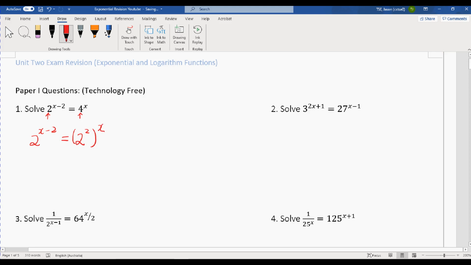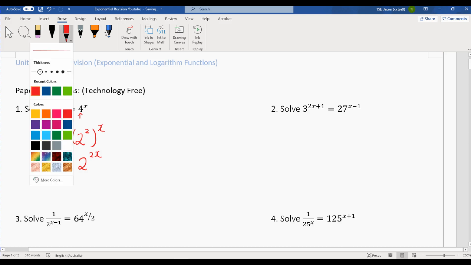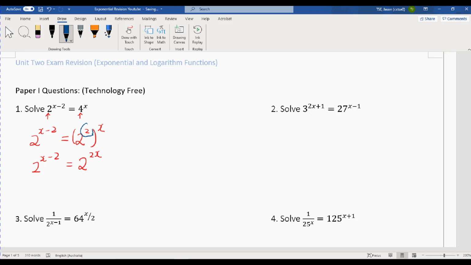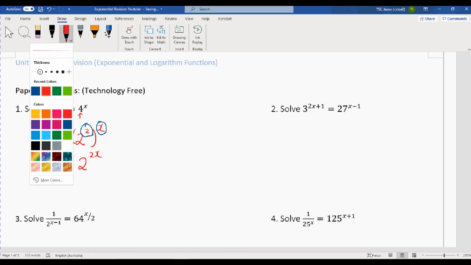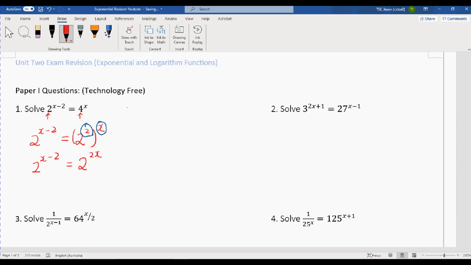All right, then you use the index law. We know 2 squared, bracket x, that means 2 to the power 2x. So that's the 2 and x. Okay, so these two things, they can multiply together. So now you have the common base. The common base is 2.